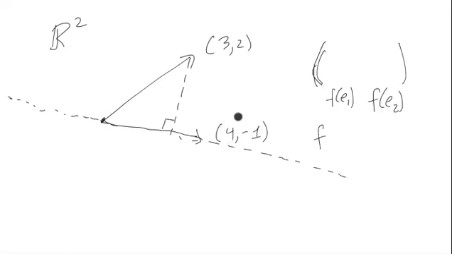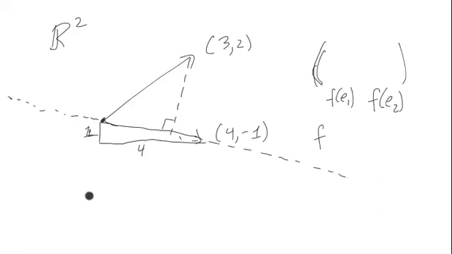To help us out here, we're going to turn this vector right here into a unit vector. So we simply divide by its length. Its length by the Pythagorean theorem can be determined simply by thinking, okay, that's a length of 1, that's a length of 4, and let's find the length of the hypotenuse, which is the square root of 1 plus 16, so the square root of 17.